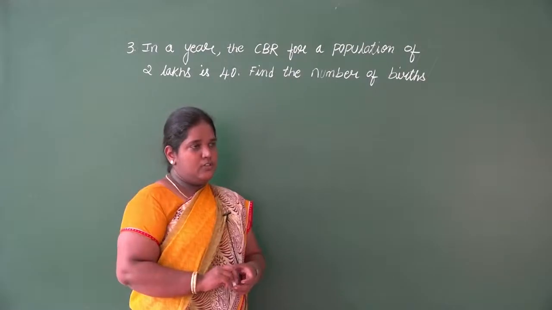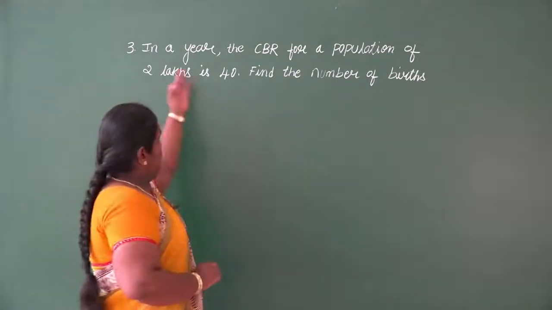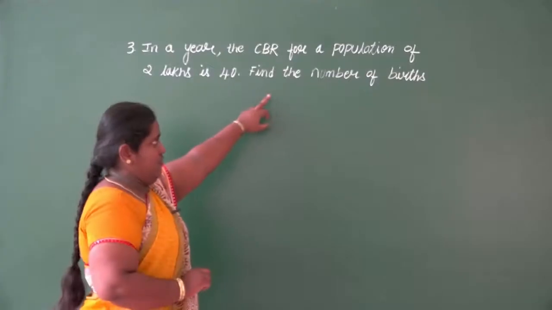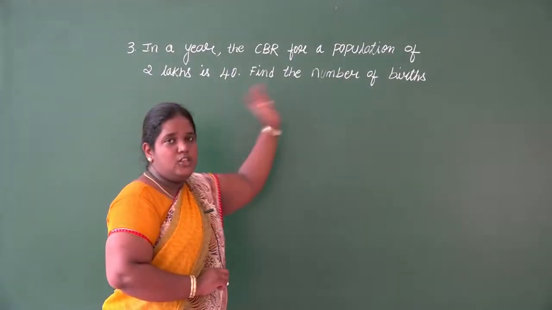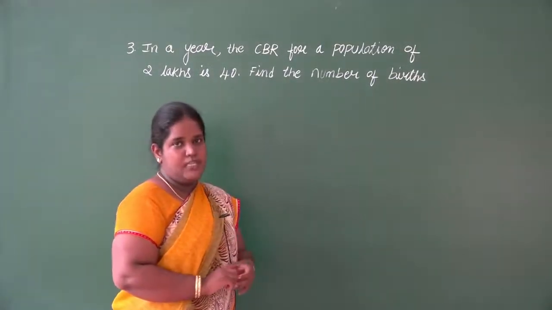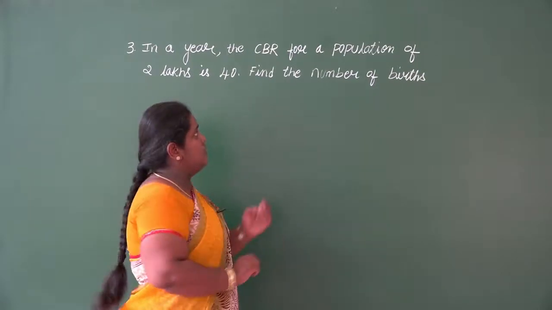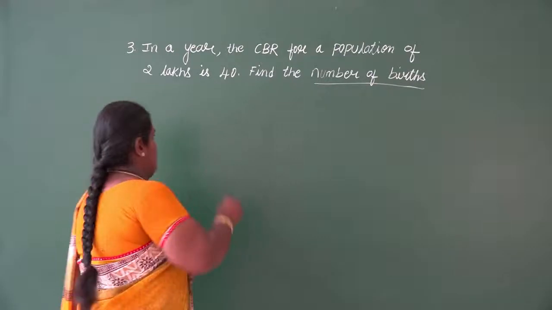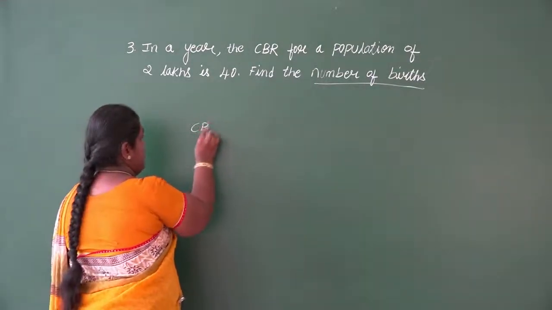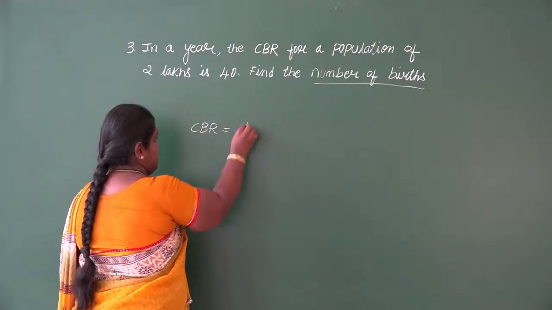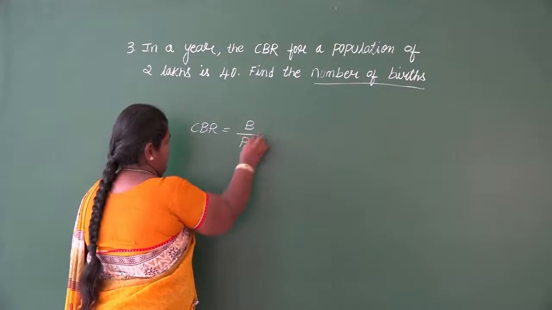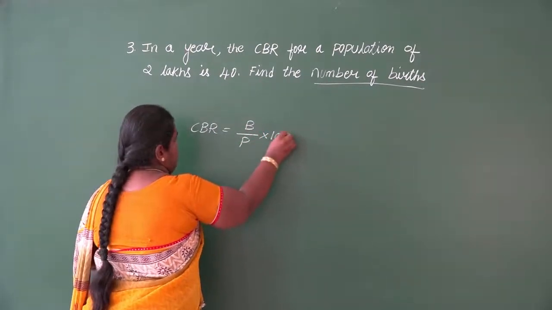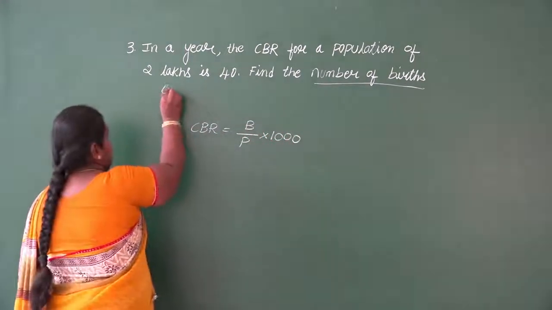Now we'll start with the third problem. In a year the CBR for a population of 2 lakh is 40. Find the number of births. In this problem we are not finding the CBR value, we are finding the number of births. Since the CBR value is given, we'll use the same formula, CBR equals B divided by P into 1000. Before that I'll write the given.